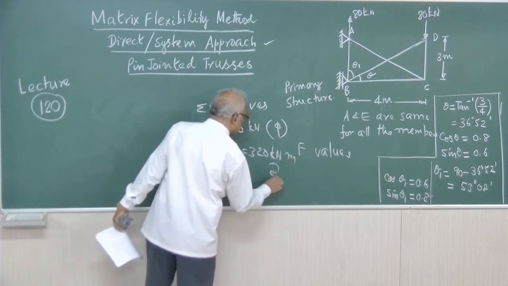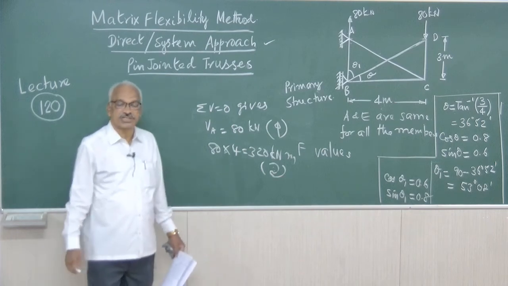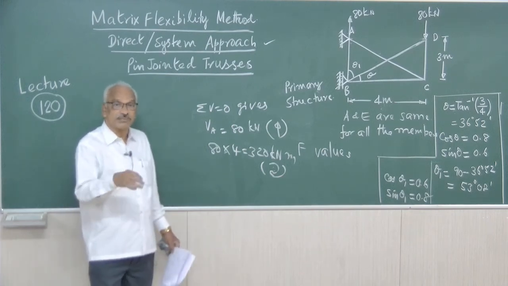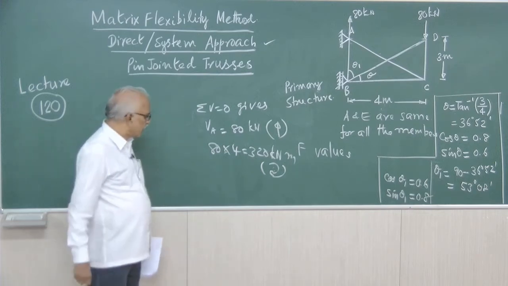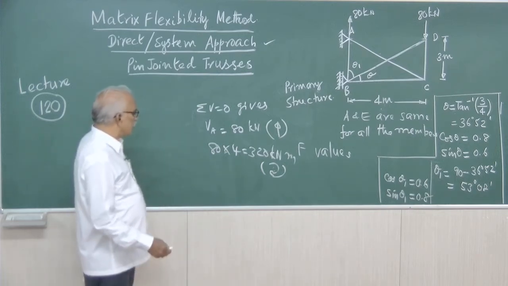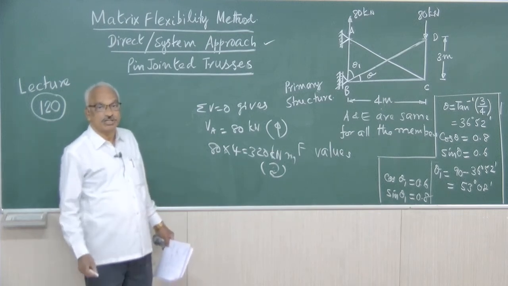This is clockwise, because the other force is downwards and the reaction is in the upward direction. So therefore, sigma M is not equal to 0. Therefore, we have to apply an anti-clockwise moment so that sigma M must be equal to 0.